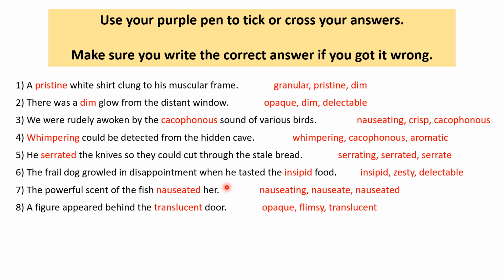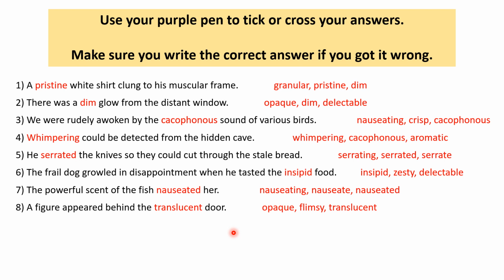This one is nauseated, again, testing your ability to use different verb forms. And a figure appeared behind a translucent door. It wouldn't be opaque, because if it was, you wouldn't be able to see the figure behind the door. Okay, pause the video and get these corrections down now, please.